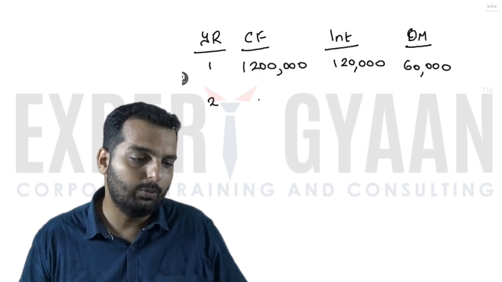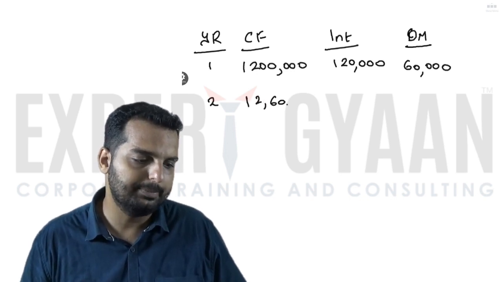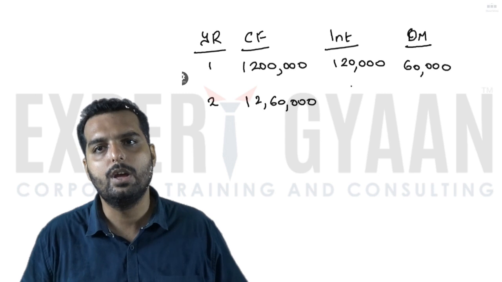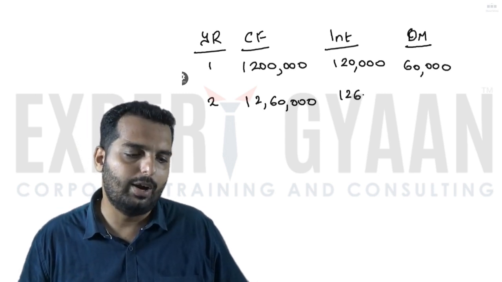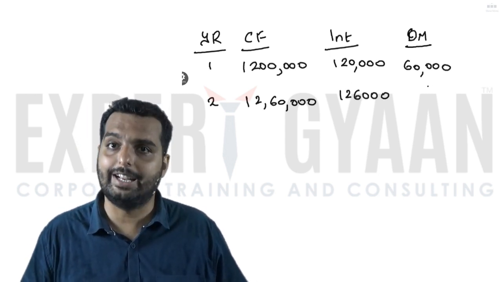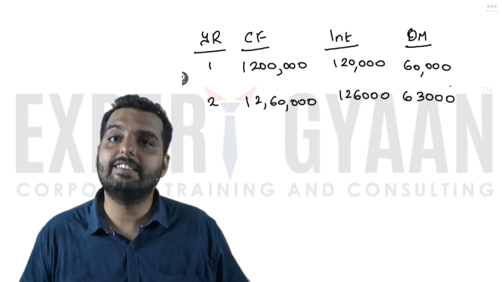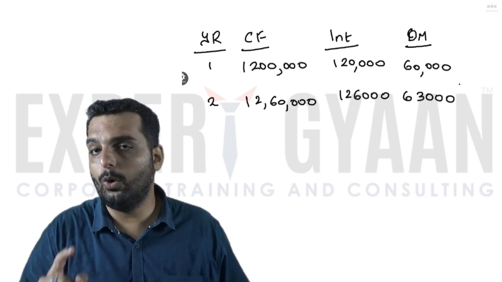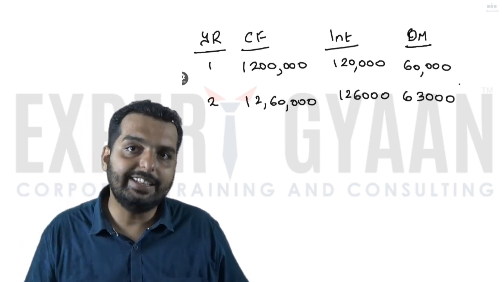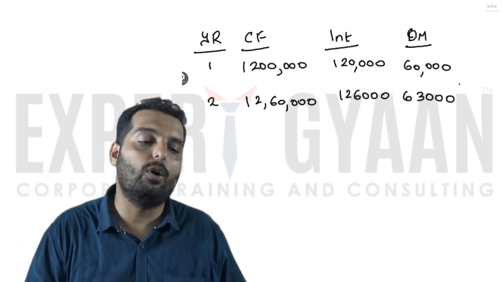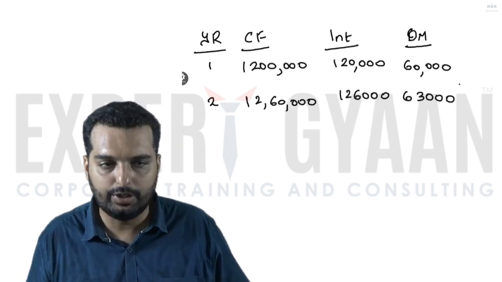So my opening balance here will turn out to be 12 lakh 60,000. On this I will get an interest of 1,26,000 at 10%. Now the price of the Dairy Milk chocolate turns out to be 63,000. Friends, observe one thing very carefully. 63,000 is exactly half of 1,26,000.